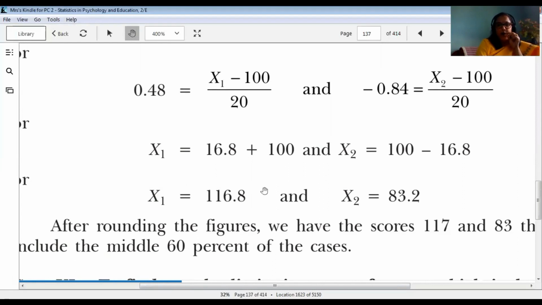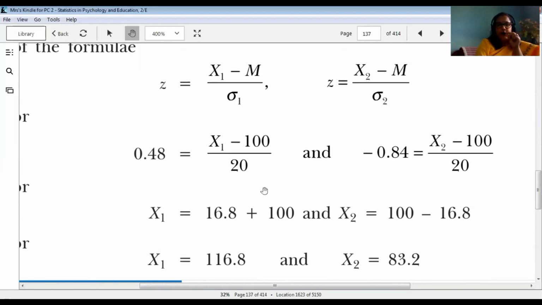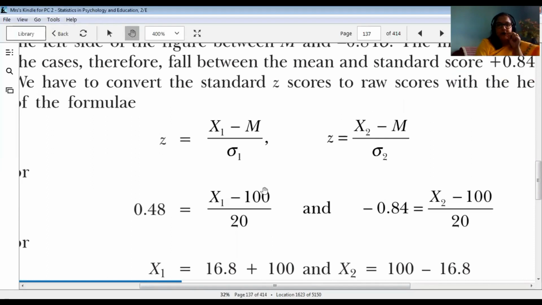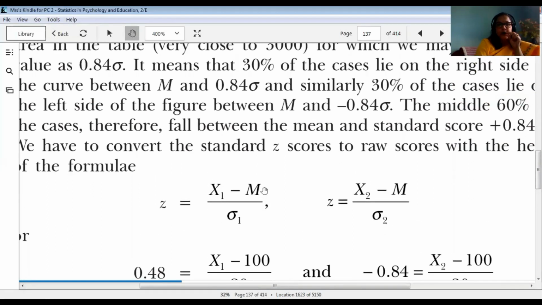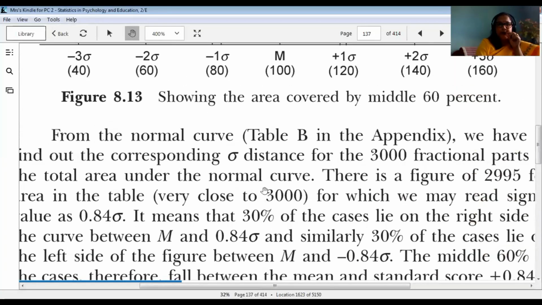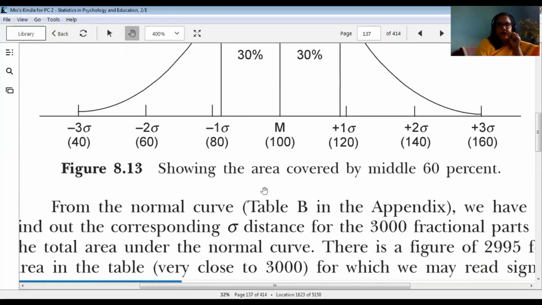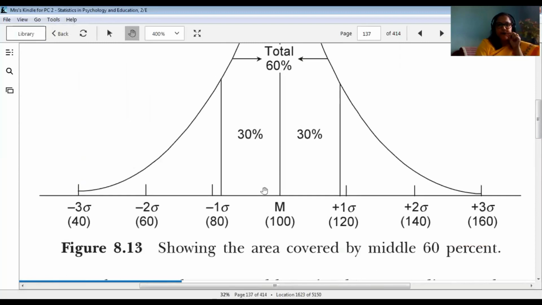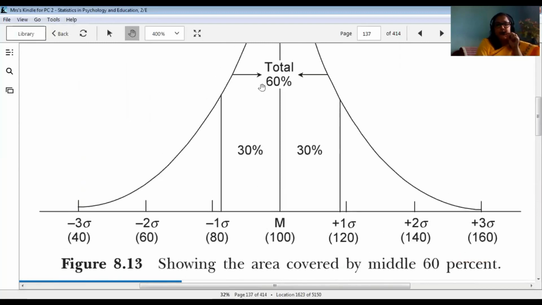And when I go to the normal curve, it will be very easy to understand. Please have a look at this graph. You see, it is very simple to understand. It is 60%, and by dividing 60%, it will be 30% on the left side, the negative side, and 30% on the right side, the positive side.